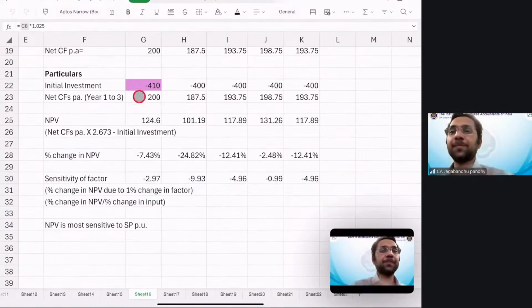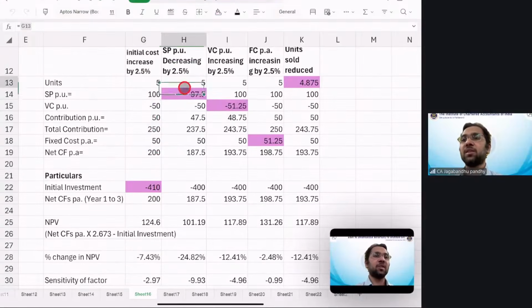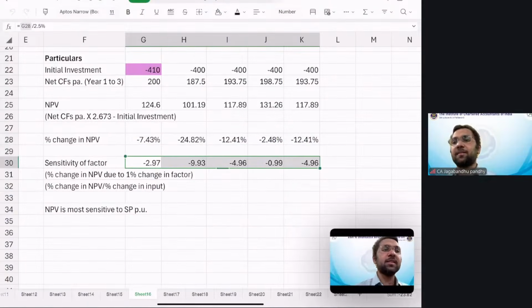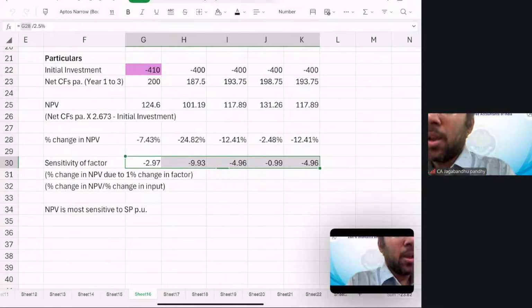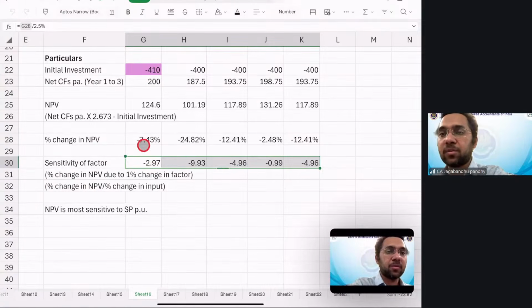So for example, over here, we computed for each of the changes: initial investment was changed, selling price was changed, variable cost was changed, fixed cost was changed. So we got these as sensitivity factors. If there is a 1% change in the input, what's the impact on my NPV? So percentage change in NPV divided by percentage change in input. Negative 7.43% divided by 1%, right?